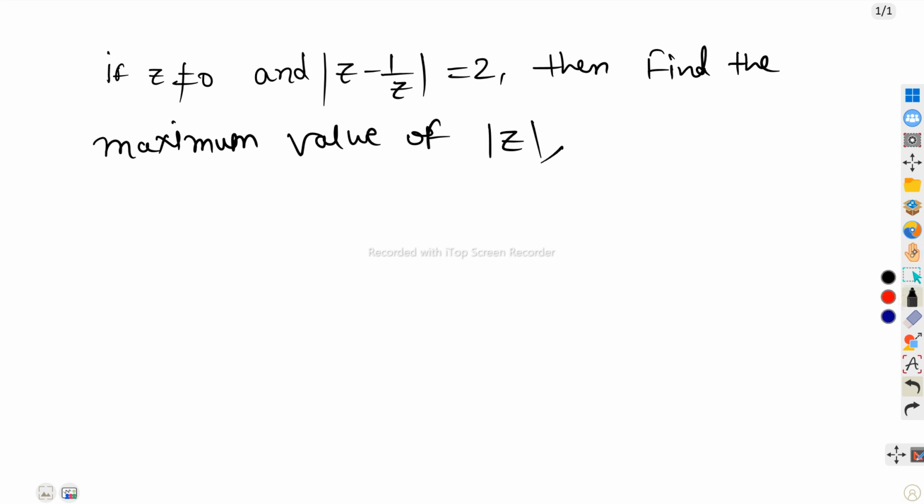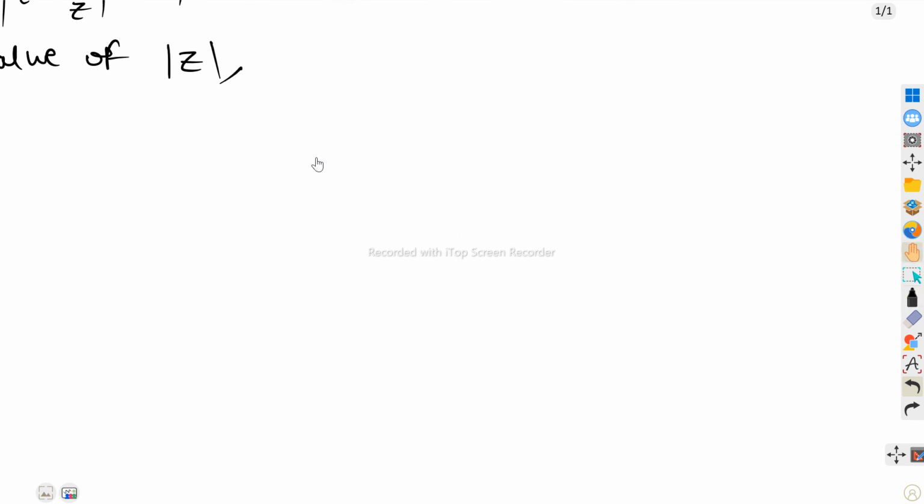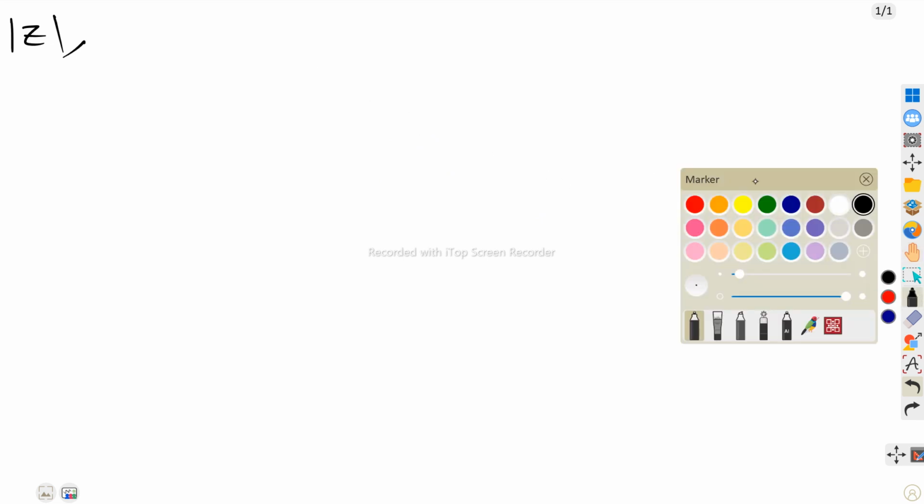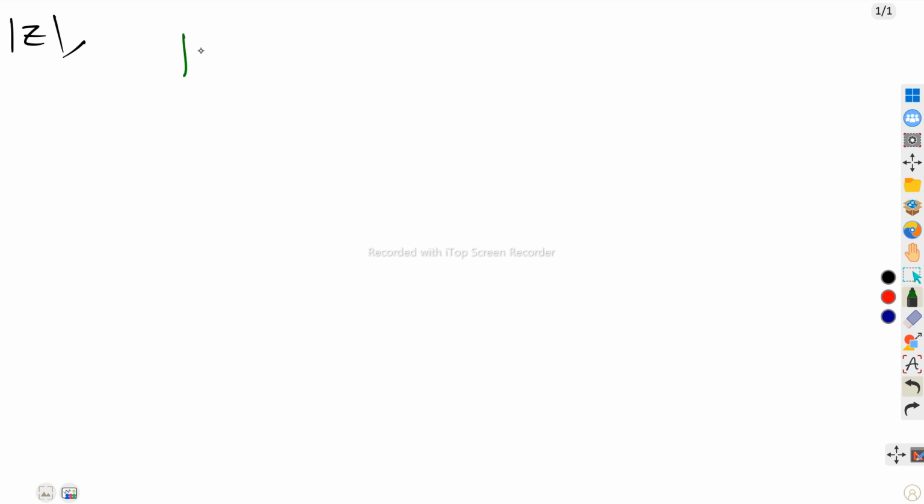So, first of all we can write mod of z equals mod of (z minus 1 upon z plus 1 upon z). Using the triangle inequality, take z minus 1 upon z as the first complex number and 1 upon z as the second complex number.